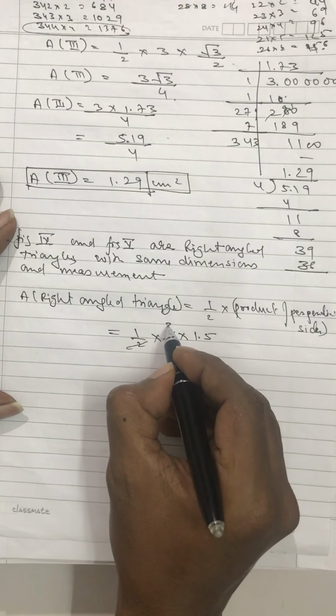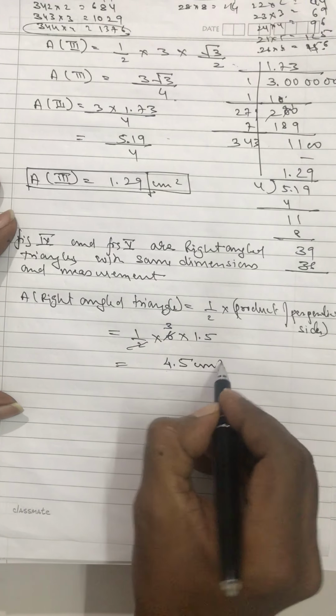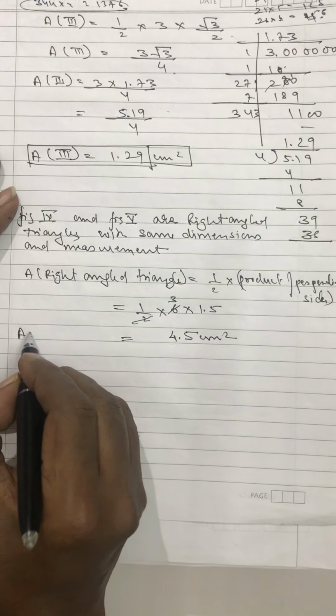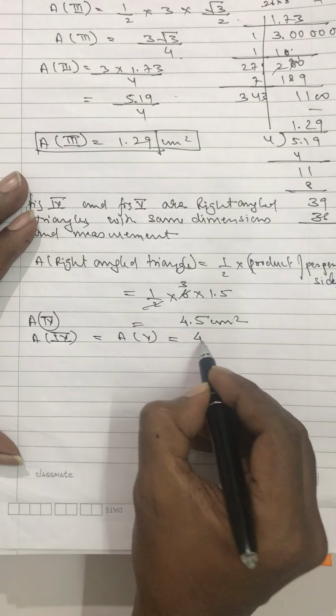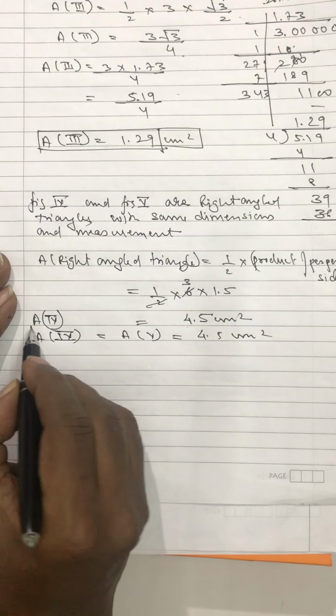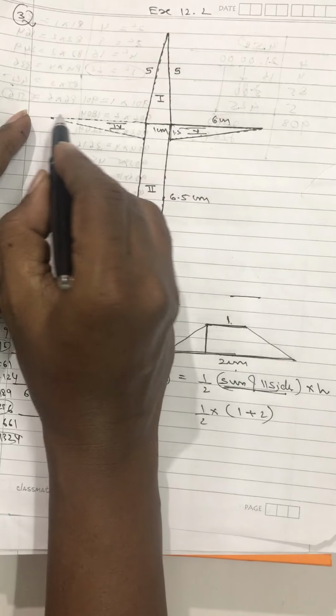So 2 3s are, that will give 3 5s are 15, 3 1s are 3, 4.5 centimeter square. This will be area of figure 4, and area of figure 4 is equal to area of figure 5 is equal to 4.5 centimeter square. So finally we have got area of all the 4 figures. Fine.